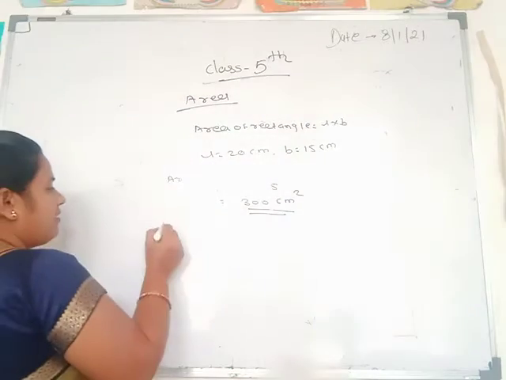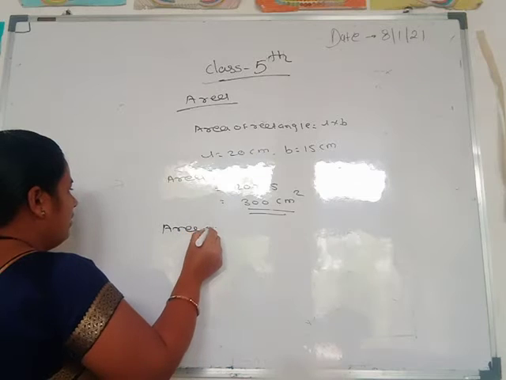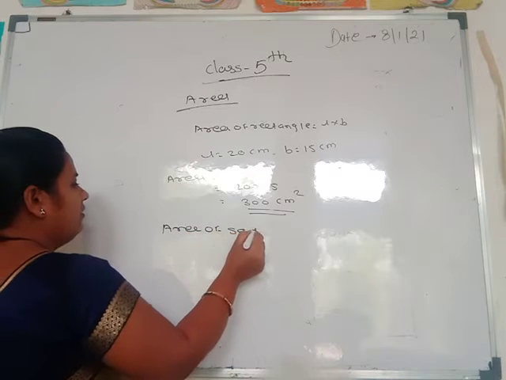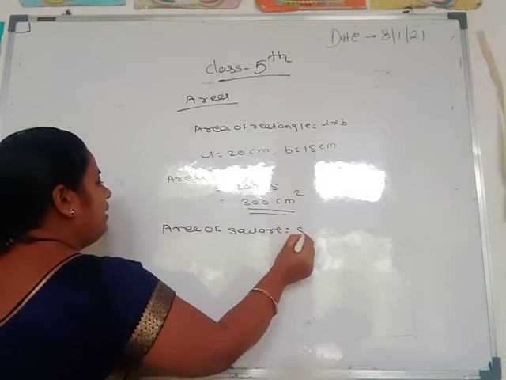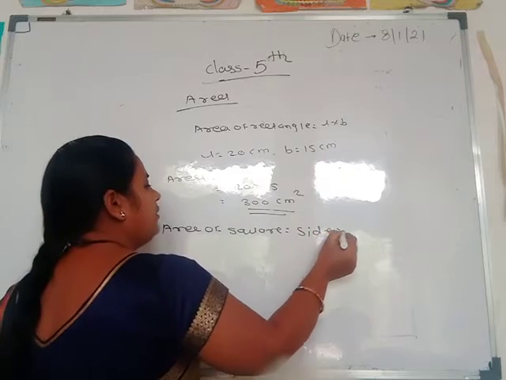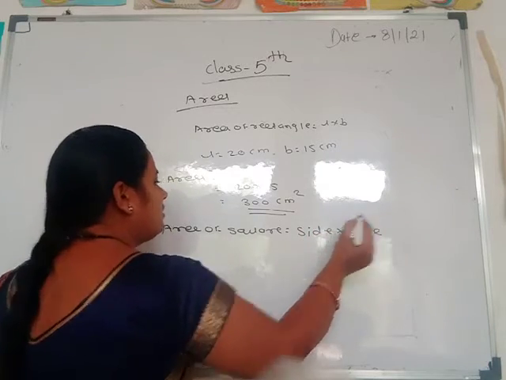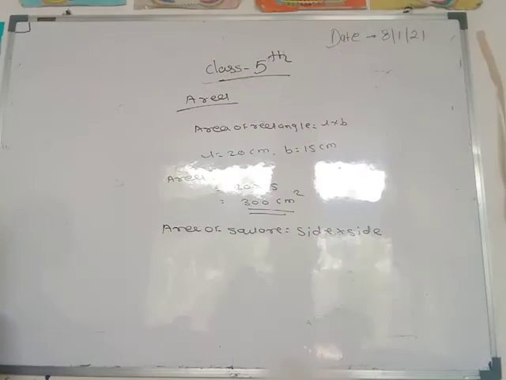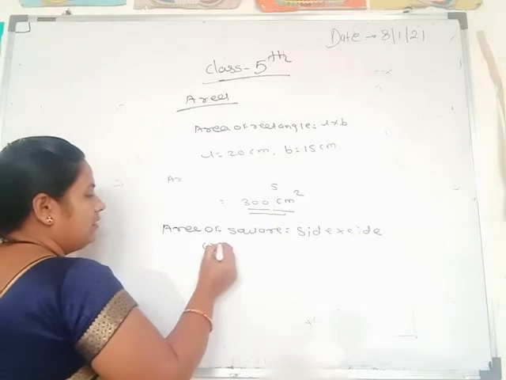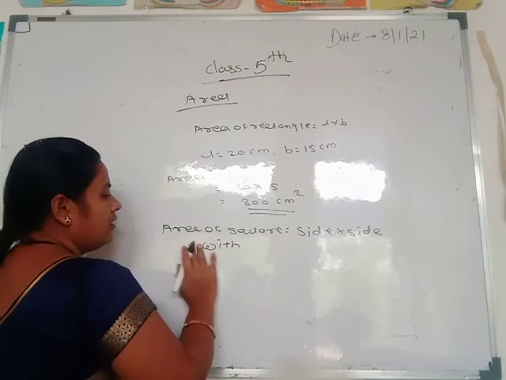Then the area of a square is equal to side into side, which means side square. Suppose the question is: what will be the area of the square with side 15 centimeter?